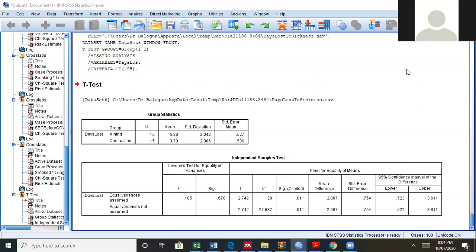I know there is a ratio they use for test and control. That one is case control, and I will explain the reason. It's applicable to case control.